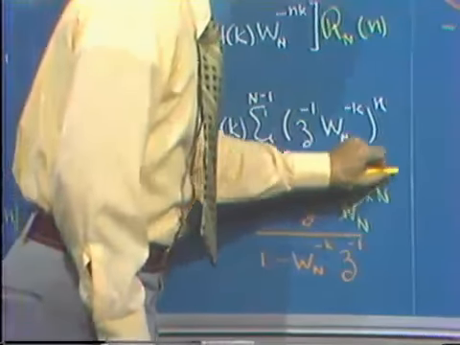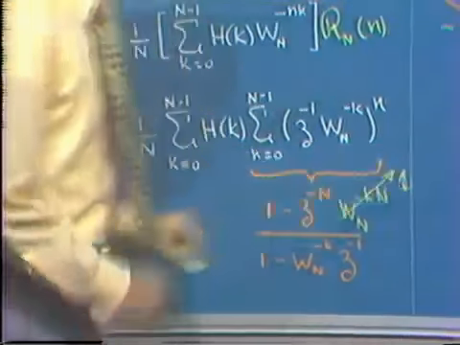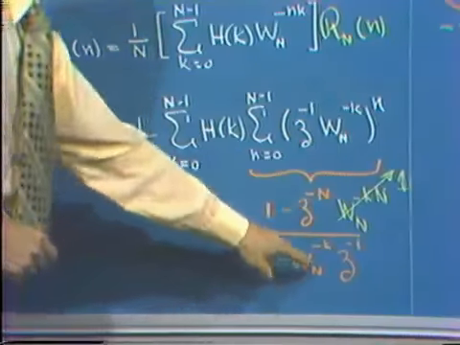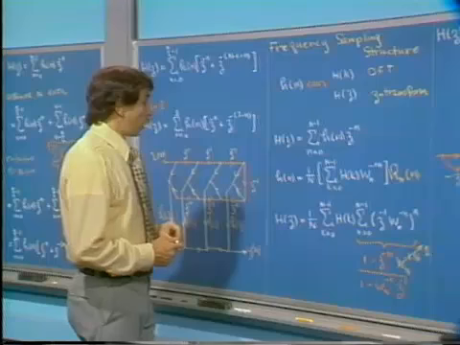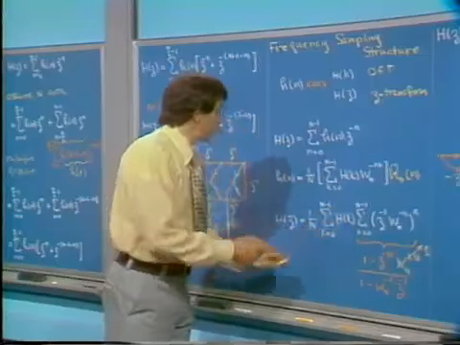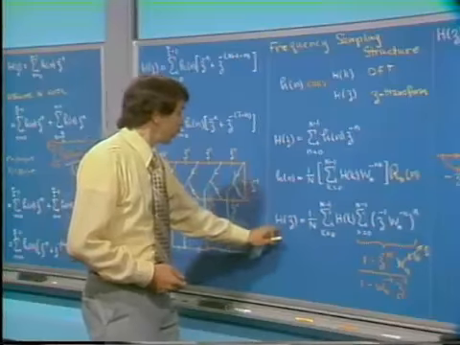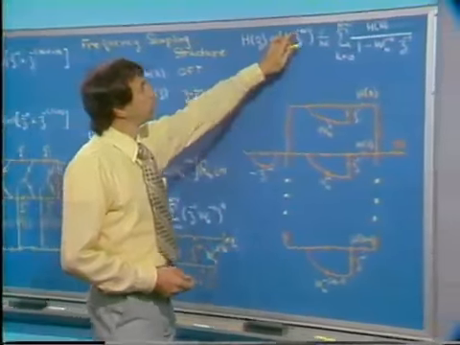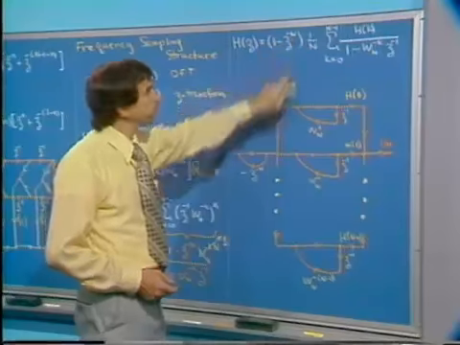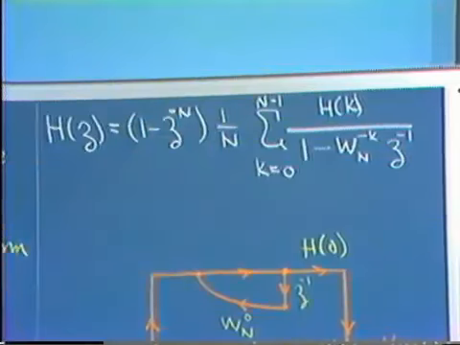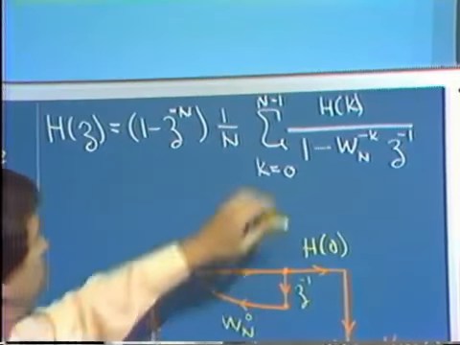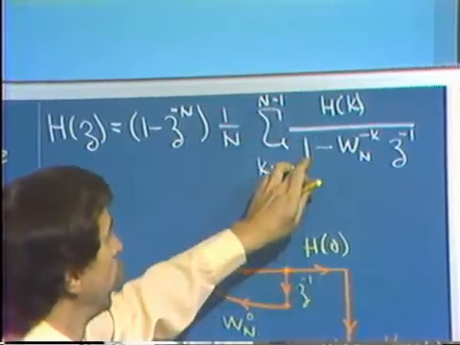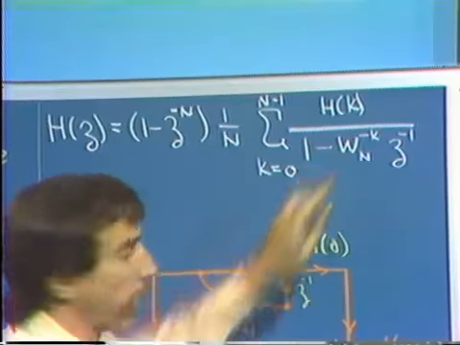That's just simply equal to unity. So this term disappears, and we end up simply with 1 minus z to the minus N divided by this. All right, so combining this together, we can then express H of z as 1 minus z to the minus capital N. We have this 1 over N, which we have to account for somehow. And then finally, a sum from 0 to N minus 1 of H of k divided by this factor.